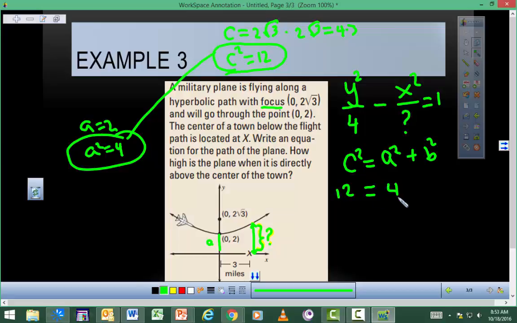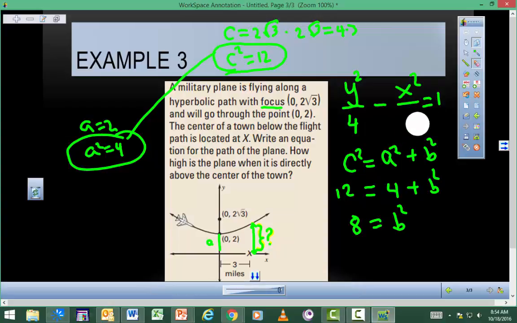I have a 4 over here, plus b squared. Now naturally if you move the 4 over there, you get b squared is equal to 8. So now we figured out this part. This part here is 8. So you figured out the equation.